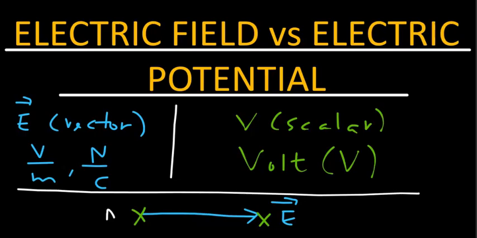So let's assume that this point is point A and that is point B. The potential at point A must be greater than the potential at point B.